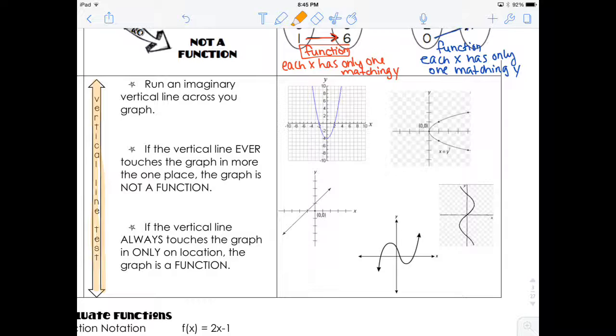I'm going to go up on this one since we don't have any room below. So this is an x squared minus 5 inside the machine. I'm going to drop in a negative 1. Now you have to use parentheses since it's squared. So negative 1 squared, negative 1 times negative 1 is positive 1, minus 5, which is negative 4. So the function g, when we dropped in a negative 1, gave us an answer of negative 4.